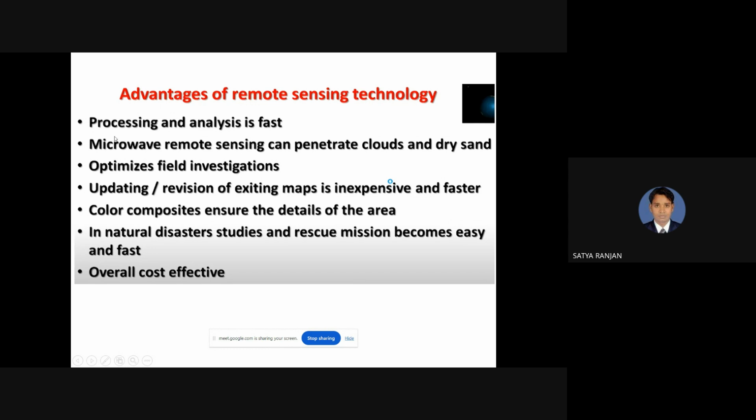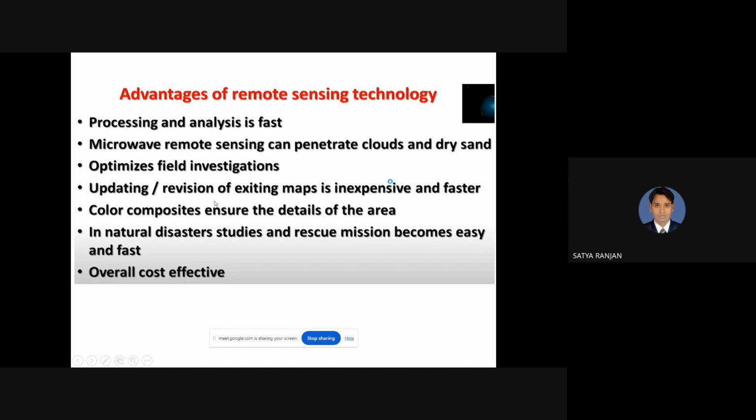Processing is very fast, and microwave remote sensing, newly added in the last 10 to 15 years, can penetrate clouds and give cloud-free data, which is very useful for earthquake mapping and flood inundation area mapping.